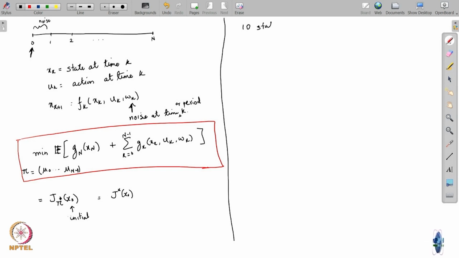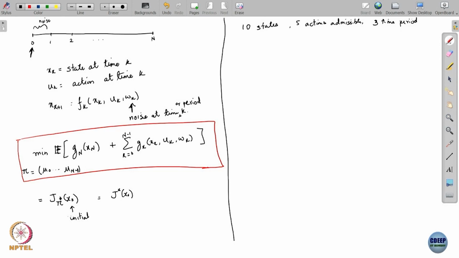Suppose you had 5 possible actions that are admissible at each time instant, and suppose there are say 3 time periods. So you want to make these decisions over 3 time periods. So, this needs to be decided thrice, right.